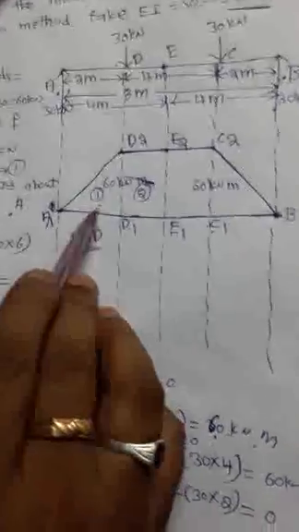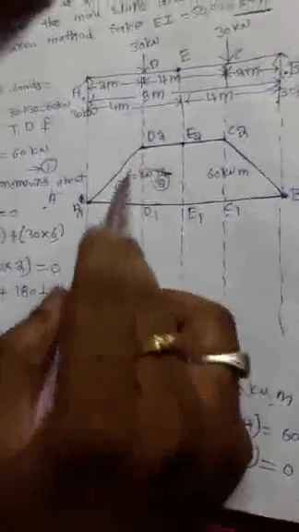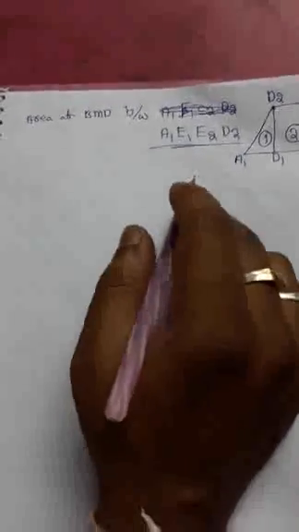This is the first diagram and this is the second diagram. This diagram is taken from A1, E1, E2, D2, and for it we need the area of BMD.